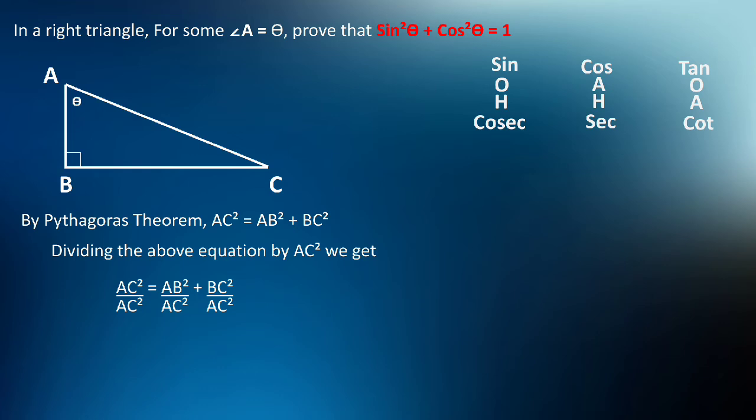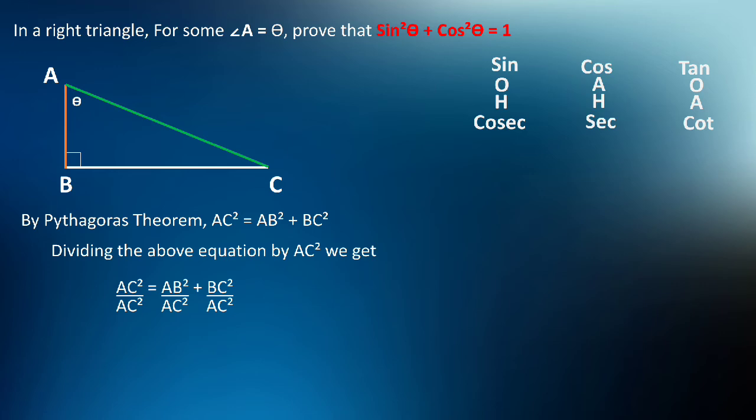So from the angle theta, AB is next to the angle, so it will be called adjacent, and AC, which is green in color, is the hypotenuse. So which trigonometric function relates adjacent and hypotenuse? If you look at the right hand side, it is cos.